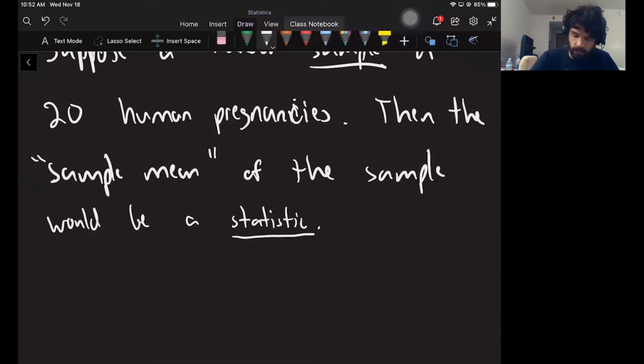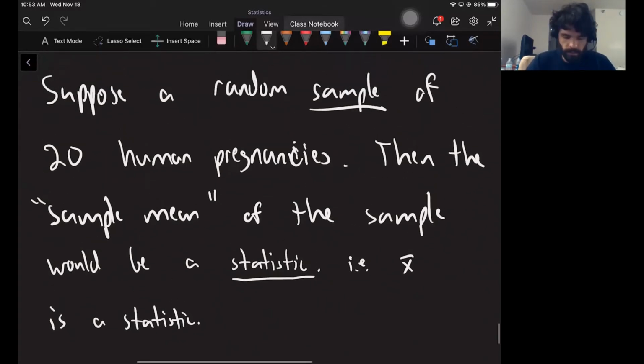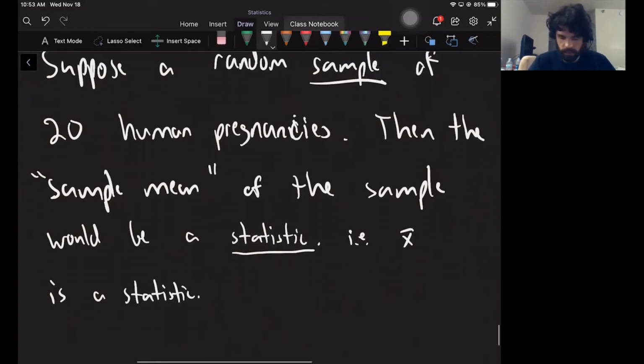In other words, a little x bar, that's a statistic, because it's a sample mean, it's a possible value of the sample mean, so it's a number associated to a sample, so it's a statistic.